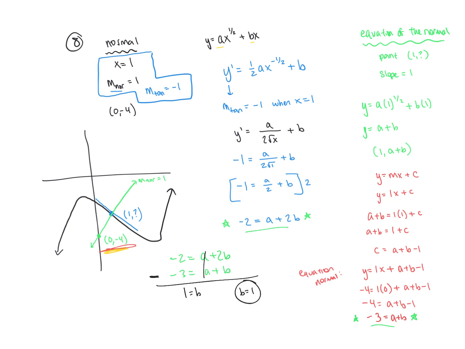So b equals 1. Now I'm going to plug that into the second equation to solve for a: -3 equals a plus 1, so a equals -4. So my a value is -4 and my b value is 1.